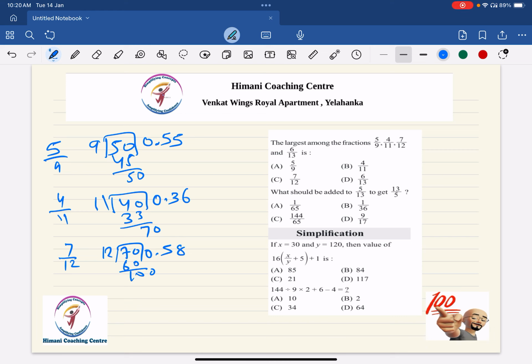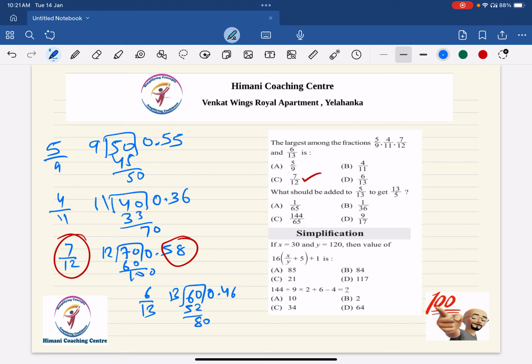Then let us check 6 by 13 also. So 6 divided by 13, put a 0, decimal, 13 fours are 52, 60 minus 52 is 8, and so on. They have asked the largest fraction. So who is largest here? Can you see this number is largest? So 7 over 12 is our choice.